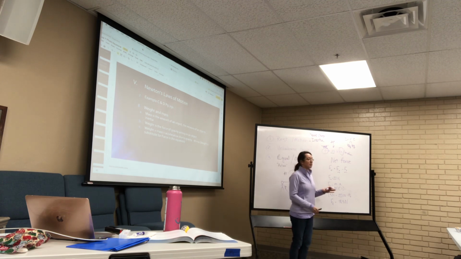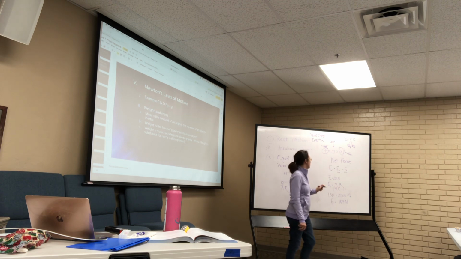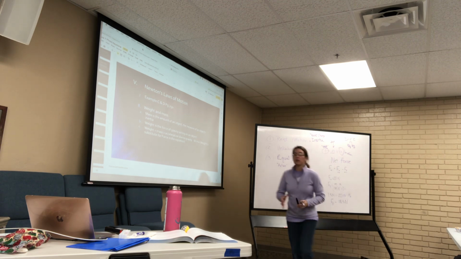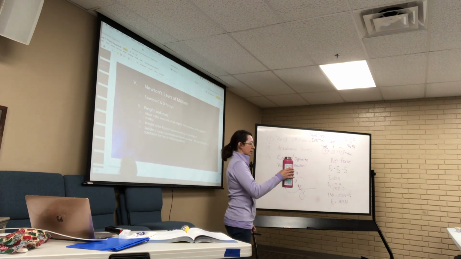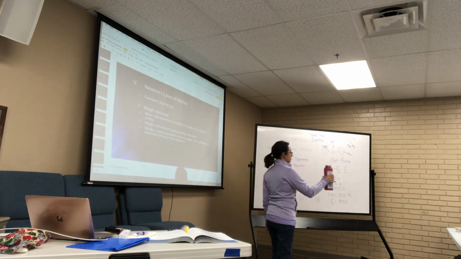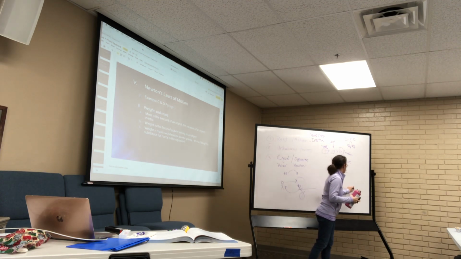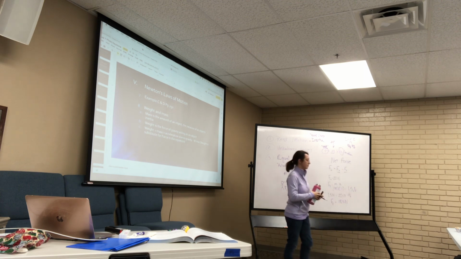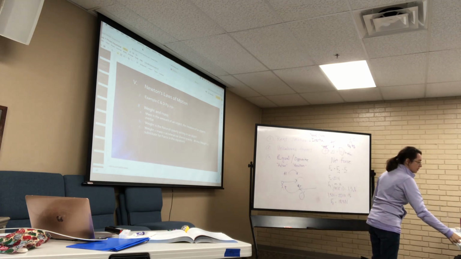If I say a 15 kilogram object is moving with an acceleration of 0.1 meters per second squared, okay? So I've got something and it's moving. The total force is 1.5 newtons, okay? That's because it's actually moving.